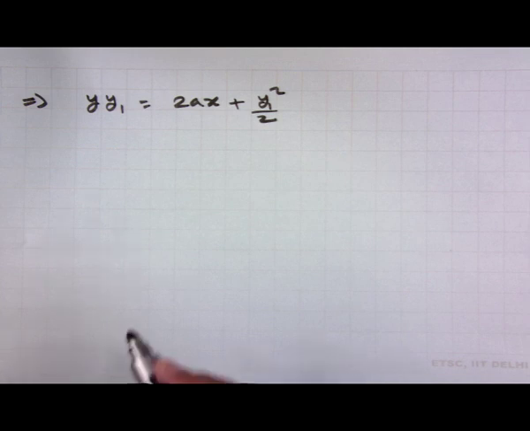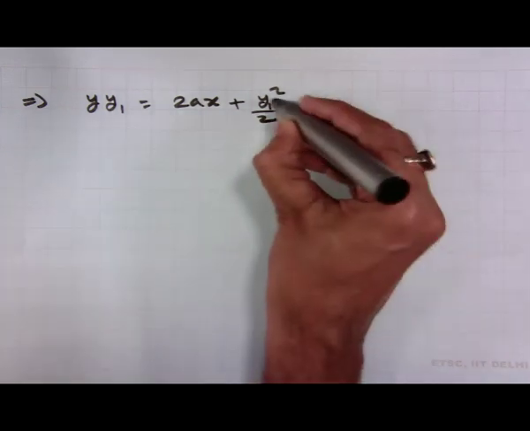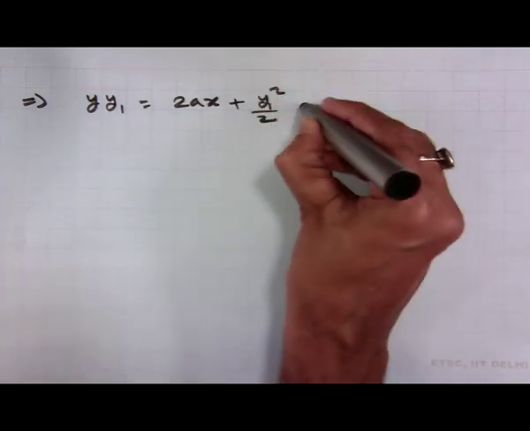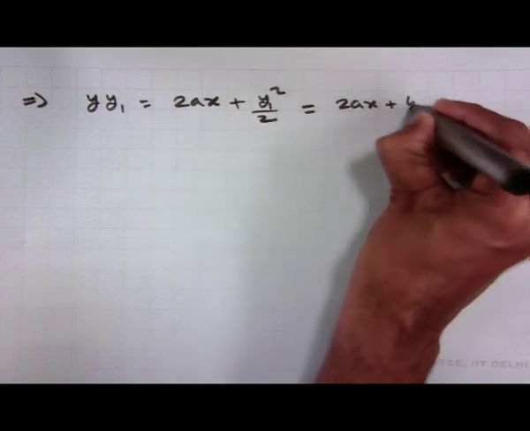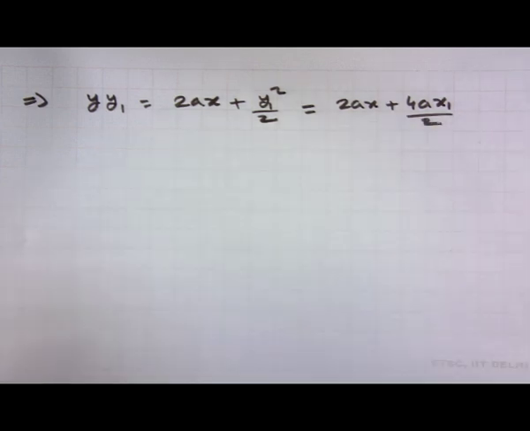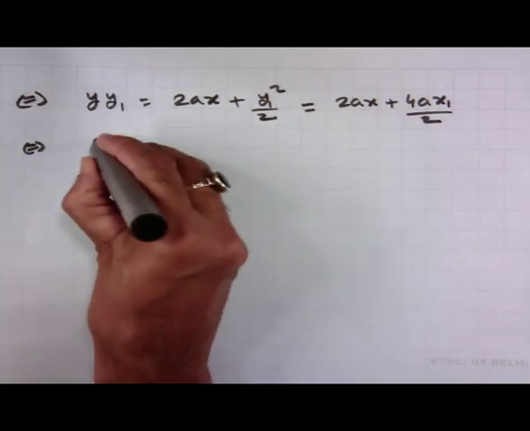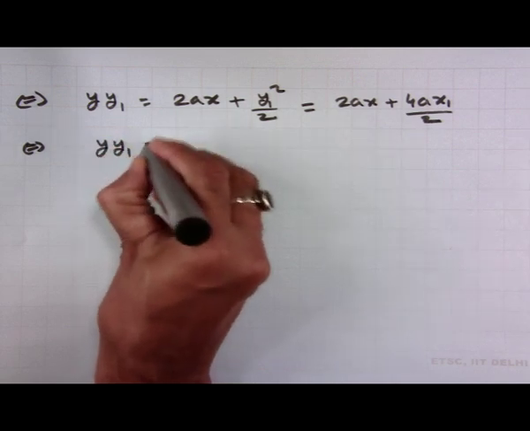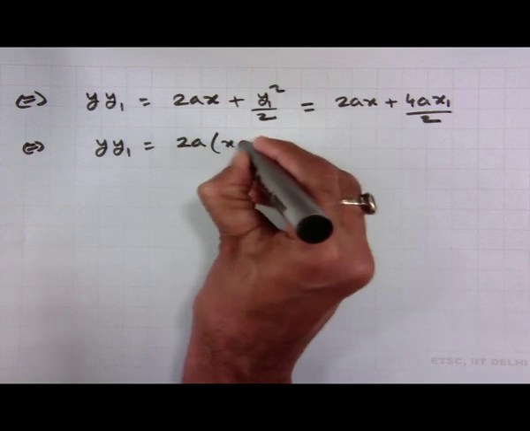Now, let us put y 1 square as 4 a x 1. So, this is 2 a x plus 4 a x 1 divided by 2, that is y y 1 equal to 2 a times x plus x 1.